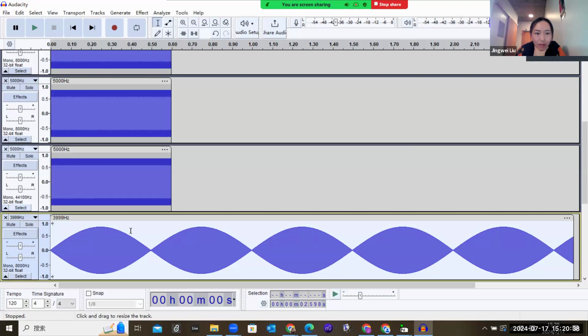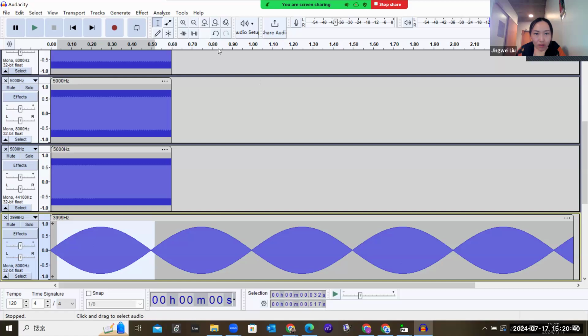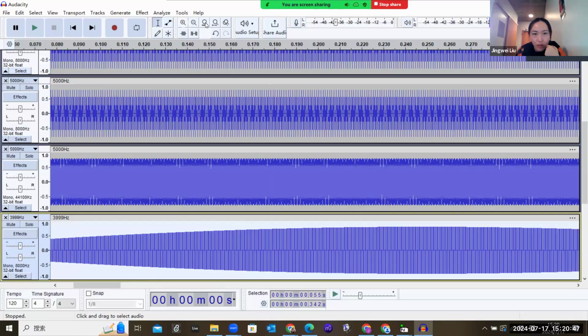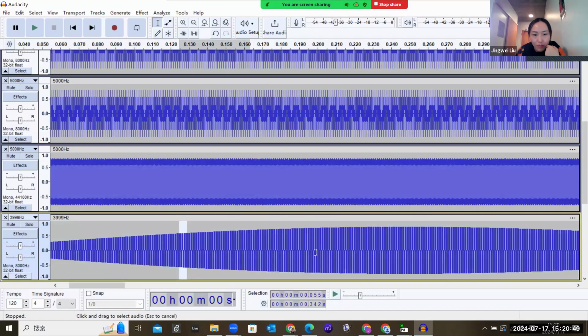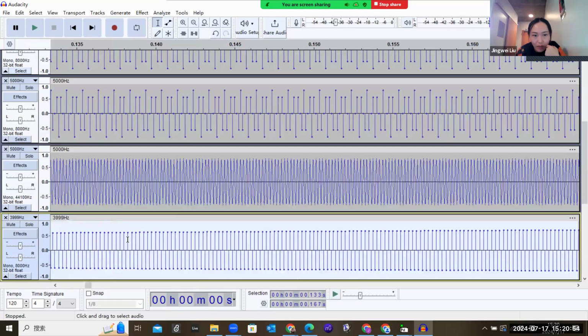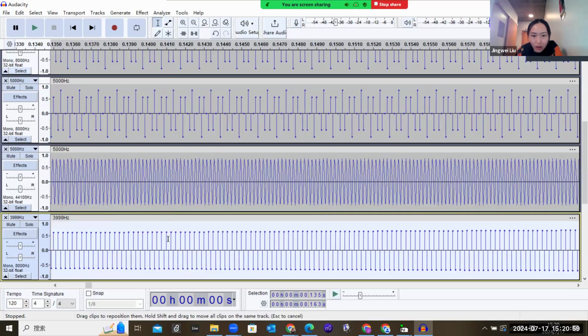Let me zoom in. It's not clear what's going on here, but what if I zoom in more? You will see what's happening. If we ignore the amplitude of this modulation, we can see that 3999 hertz is near half of the sampling rate.